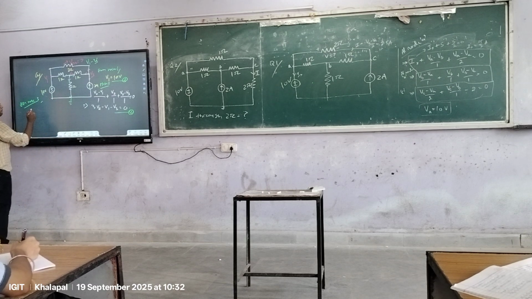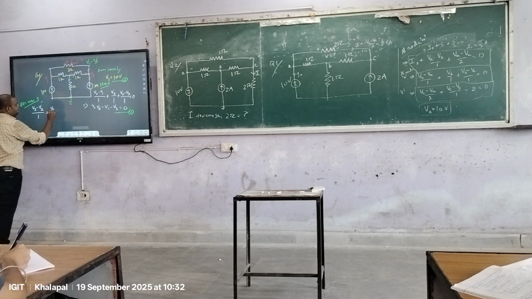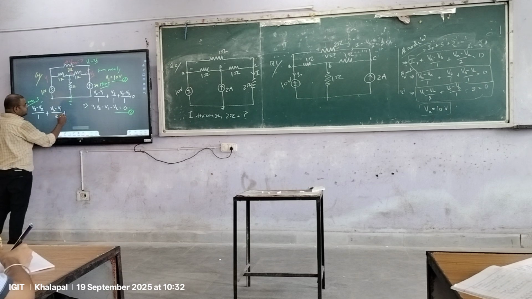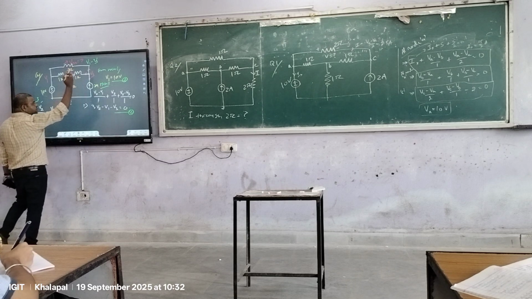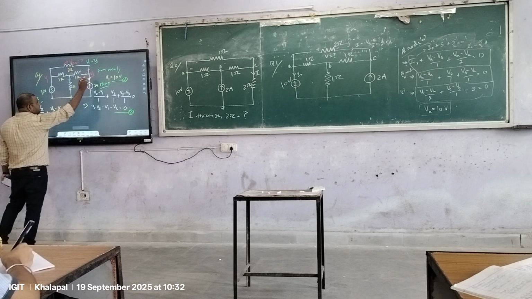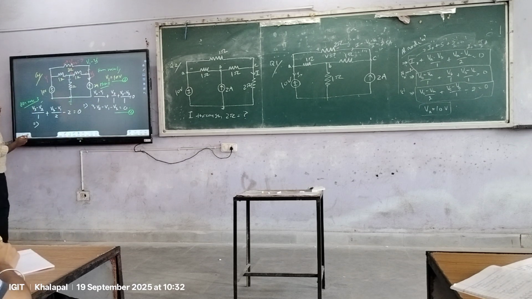V3 minus V2 divided by 2, very good, plus V3 minus V1 by 3, very good, plus, yes, minus 2, right? Because this current direction is towards V3, and our assumed direction is away from it. So what is the equation here?